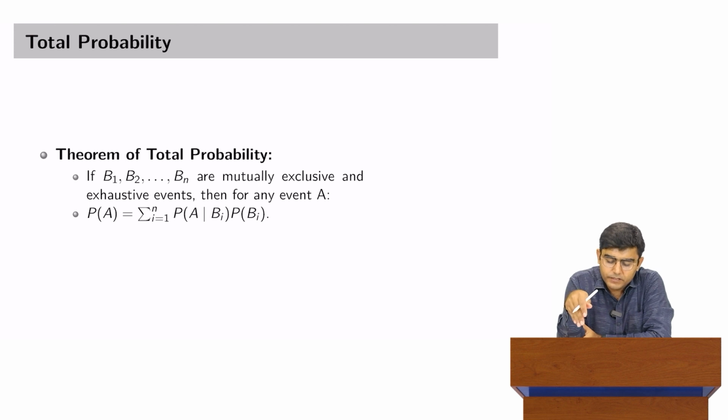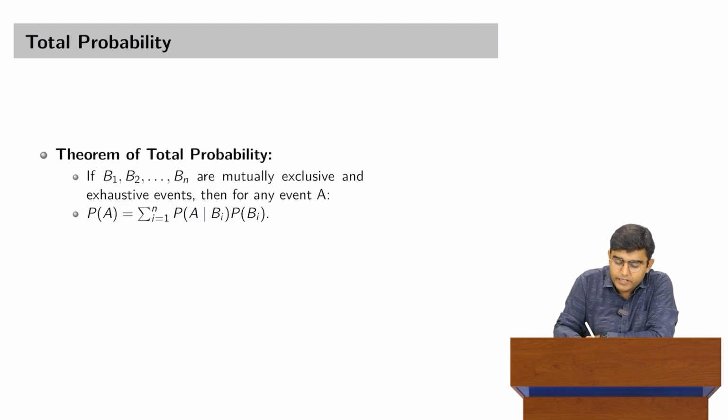Mathematically speaking, if B1, B2 to Bn are mutually exclusive and exhaustive events, that means when their probabilities are summed together, they should yield the value of 1. And mutually exclusive means that either B1 will happen or B2 will happen or B3 will happen and so on.